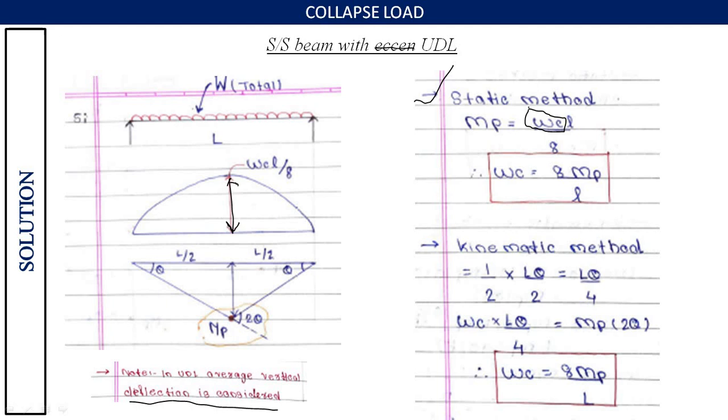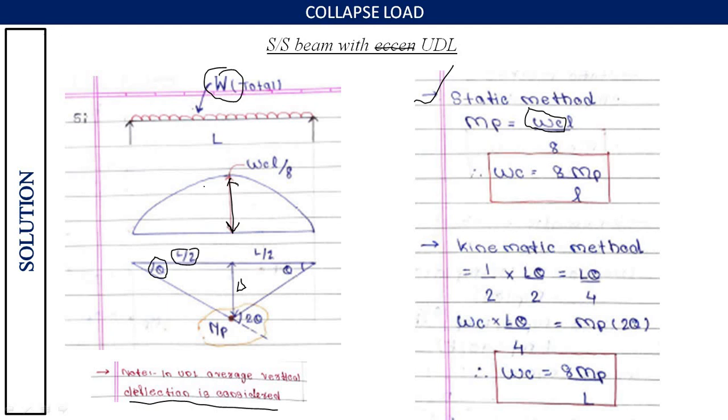By the kinematic method, as it is a UDL, the external load WC into its deflection will be L by 2 into theta.